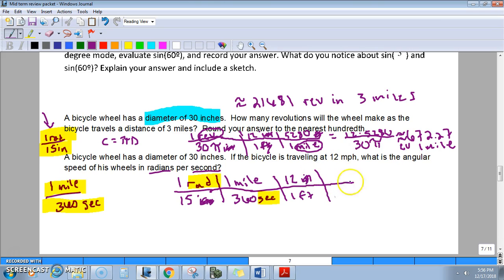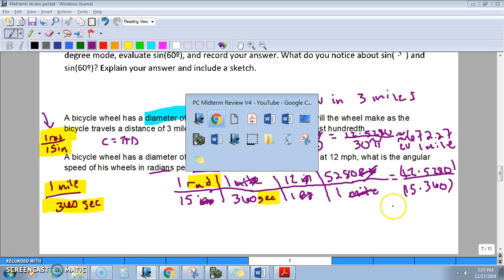And I know that there are 5,280 feet in 1 mile, which also cancels my miles out. So when I do this math, my numerator is 12 times 5,280, and my denominator is 15 times 360, it will give me radians per second.